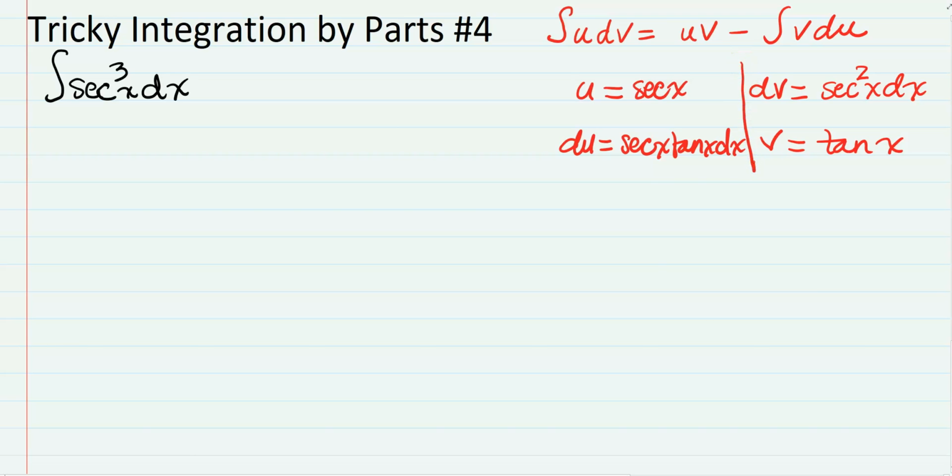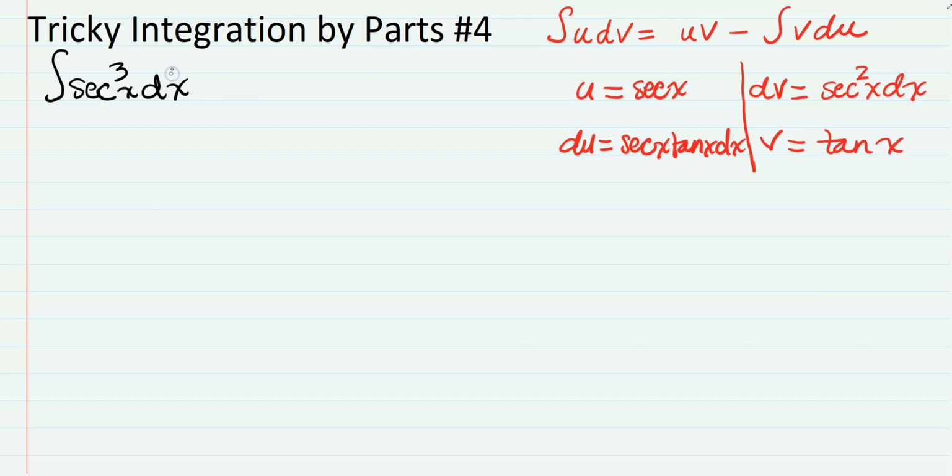Okay. So then again we have uv. Let's go back to our problem here. We would say then the integral of secant cube of x dx would be equal to u times v.